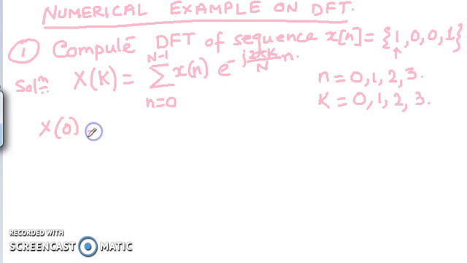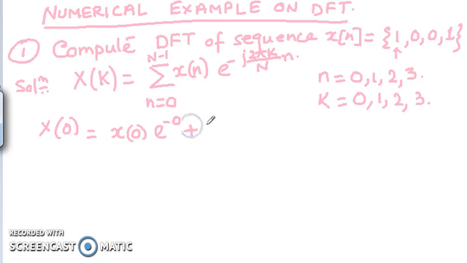So what will be X0? We have to substitute the value of k equal to 0. The first value is for n equal to 0, e to the power minus j 2 pi, k is 0, n is also 0, so it will be e to the power minus 0.